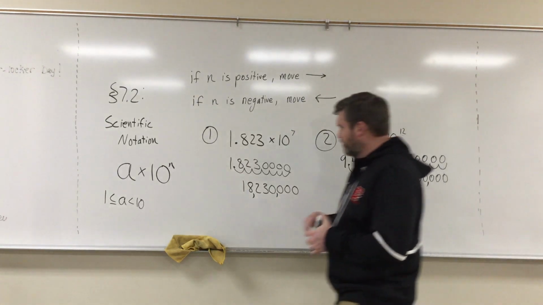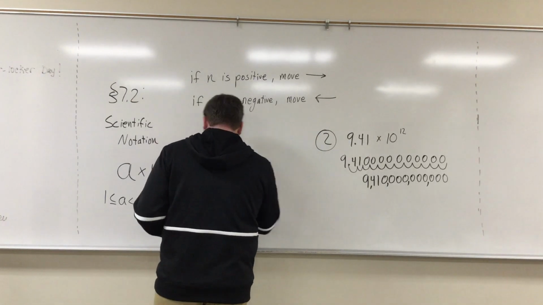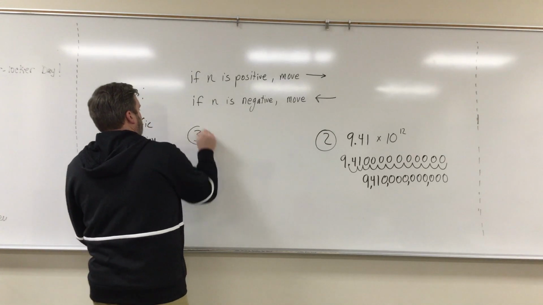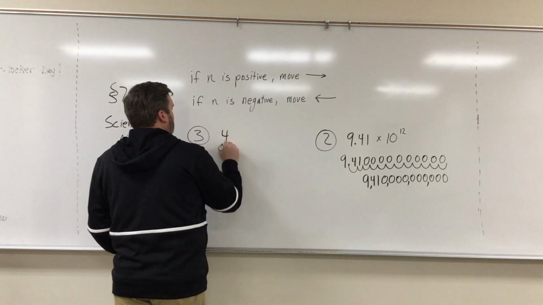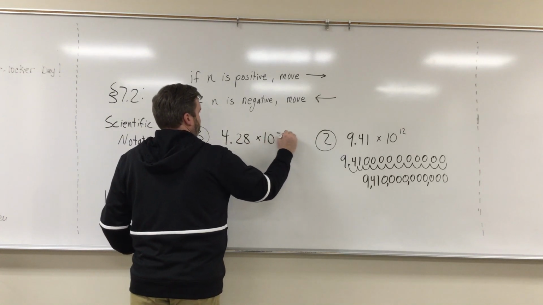All right, number 3. We have something like 4.28 times 10 to the negative 5th.